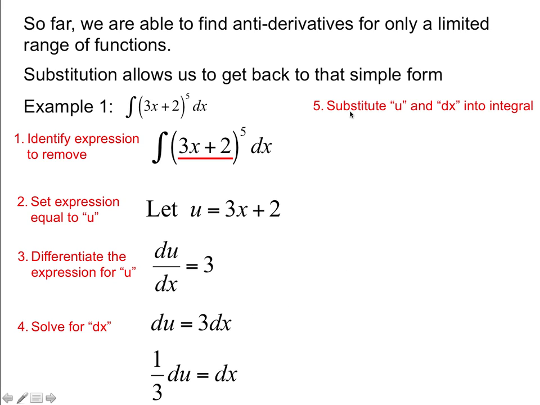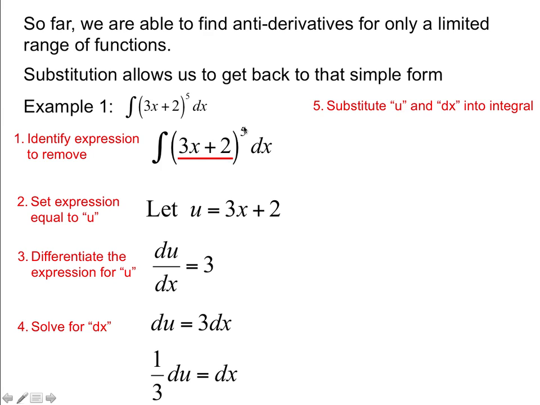Step 5, substitute the u, that's this, and the dx, that's this, into the integral. So when we look at this expression, we're going to keep the integral symbol. We're going to keep the brackets. Instead of having this here, we're going to have u there.